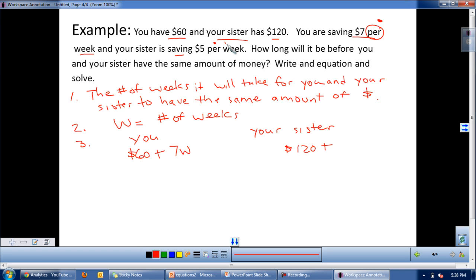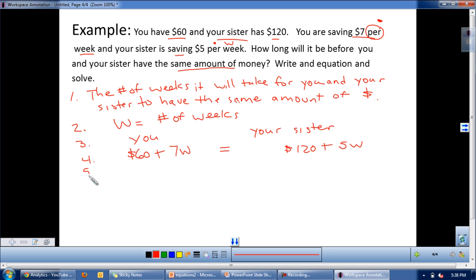Again, $5 multiplied by W, so we have 5W. Now it says, how long will it be before you and your sister have the same amount of money? Well, we represent that by the equal sign in math. So we just found our equation.